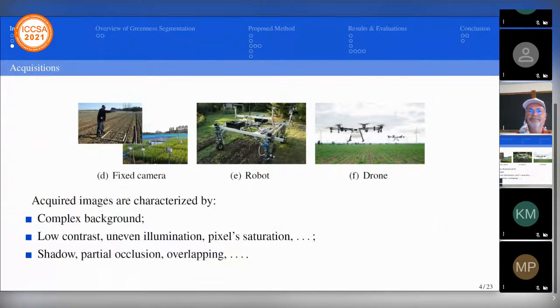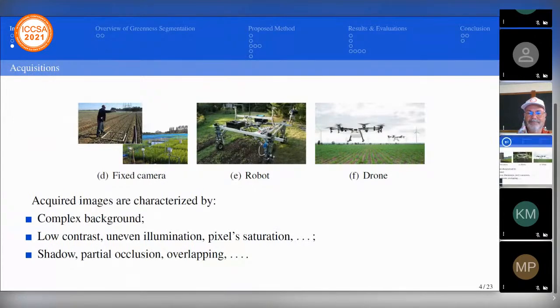Shadow, partial occlusion, and overlapping due to the shooting angle compared to the sun position. Because of all these points, providing algorithms able to deal with this kind of image is still a challenging task.